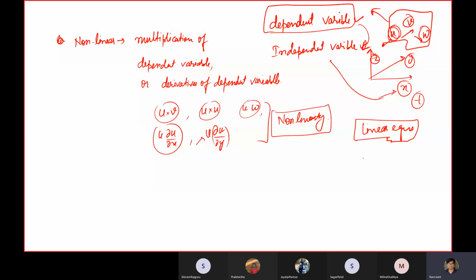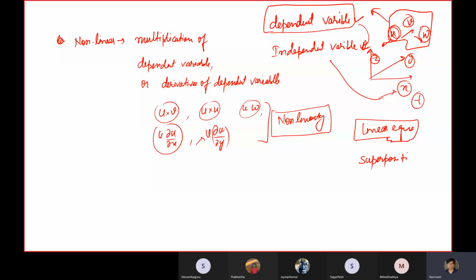You can actually do the superposition. Your superposition principle is valid, and the sum of individual solutions can give you the total solution.